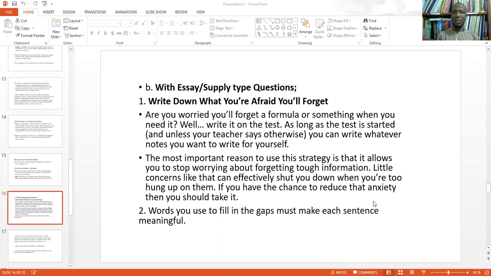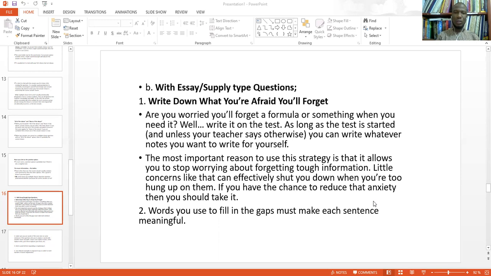Or if it is mathematics or science, the formulas you will use in answering some of the questions ahead of you, and you think you might forget them, they are difficult formulas, you write them down at the back of your answer sheet so that when you get up, you just go and pick it and then you are gone. So that is the first point: write down what you are afraid you forget.